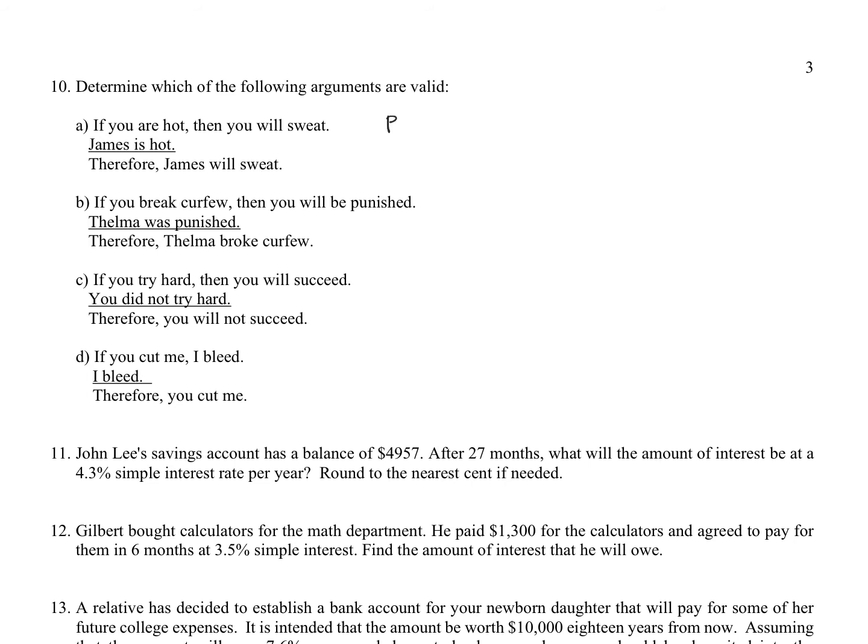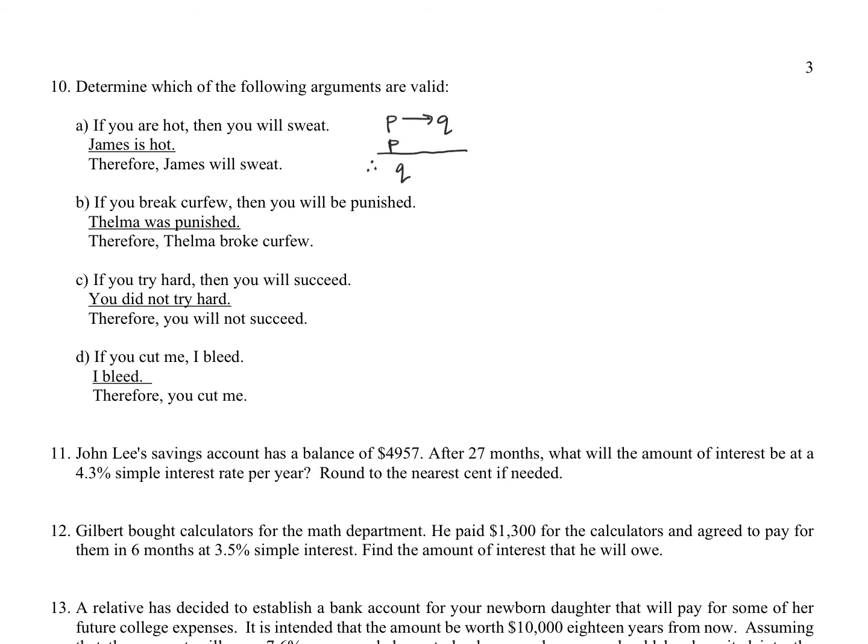So that means P implies Q is the first part. James is hot. Okay, P. Therefore, James will sweat. Okay. So we want to know, is that logical? Yes, I think you can kind of see that, yeah, it's logical. It's a valid argument. Okay.